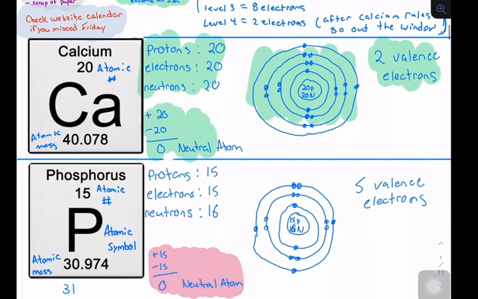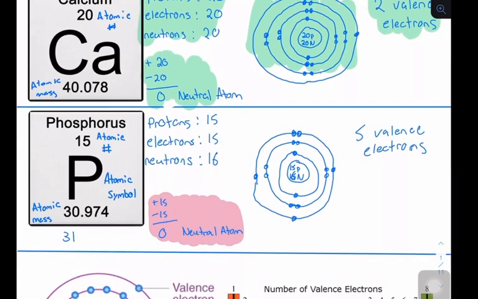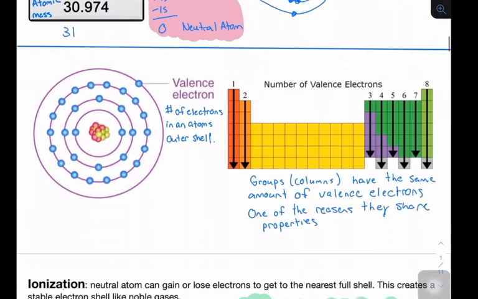And the opposite is such for phosphorus. Phosphorus has 5 electrons on its outer shell. Its electrons want to get to a full 8, so it will gain 3 electrons from another atom or another element to find that stable outer shell.